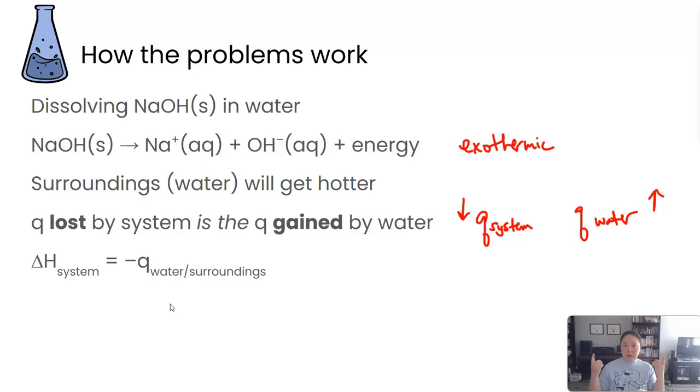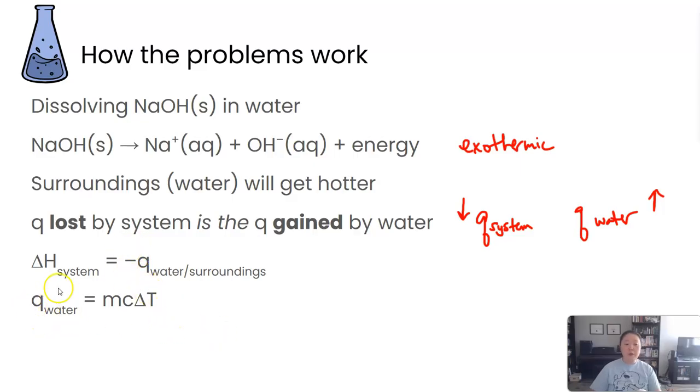So remember, magnitude-wise, if one of the things is going down, the other one is going up. So if it's exothermic and your system is losing heat, then your water is going to gain heat. Now, to make these things equal, you need to flip the sign of one of those sides. And that's what's happening by adding in that negative sign.